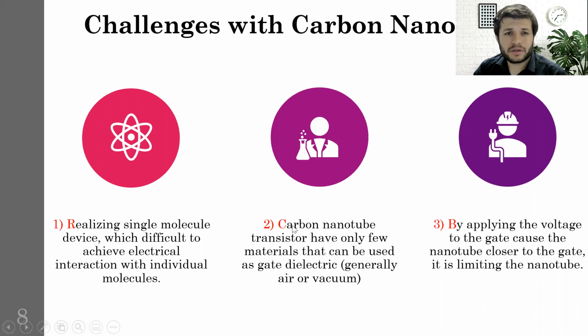The second disadvantage of carbon nanotube field-effect transistors is that there are only a few materials that can be used as a gate dielectric, which is either air or vacuum. Furthermore, applying gate bias voltages causes the nanotube to get closer to the gate, limiting how far the nanotube can go.